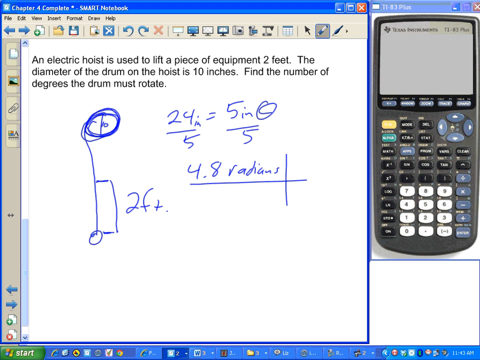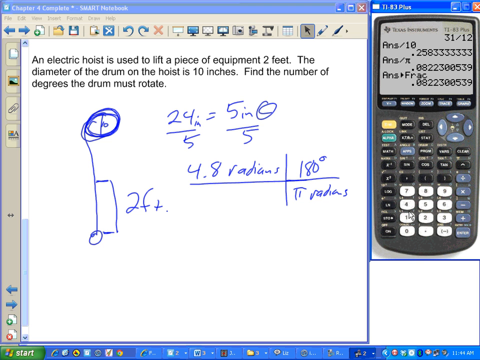And I know that there are pi radians in 180 degrees. So I can use this as a conversion. So take 4.8 times 180 and then divide it by pi.